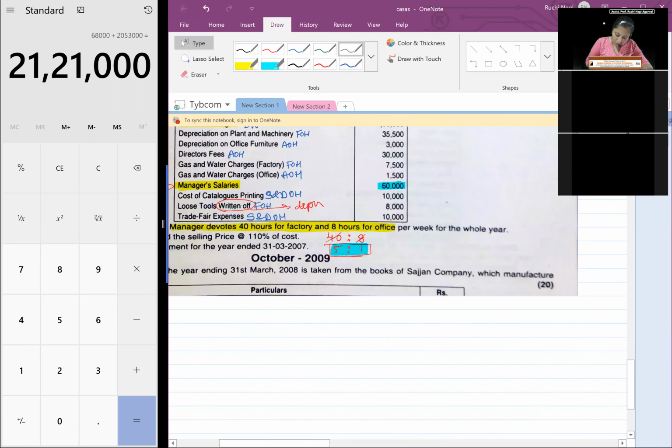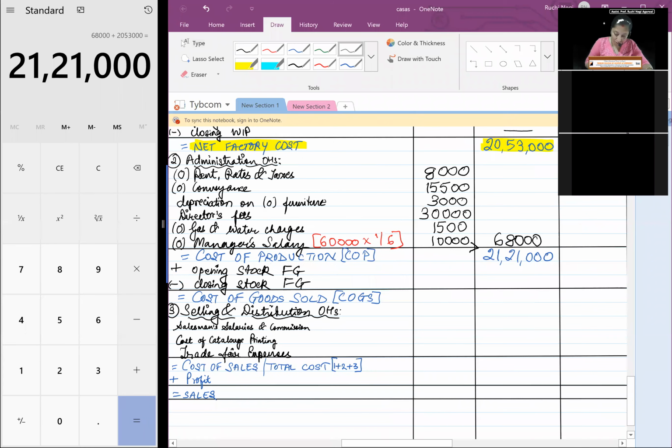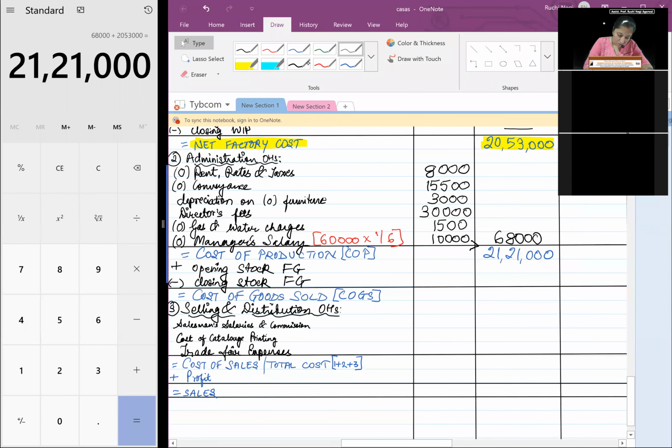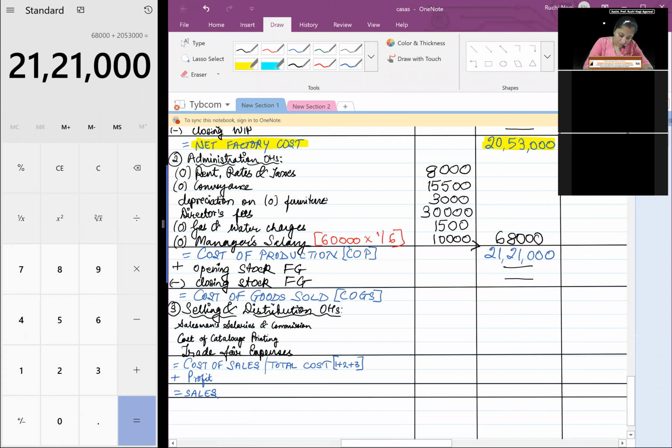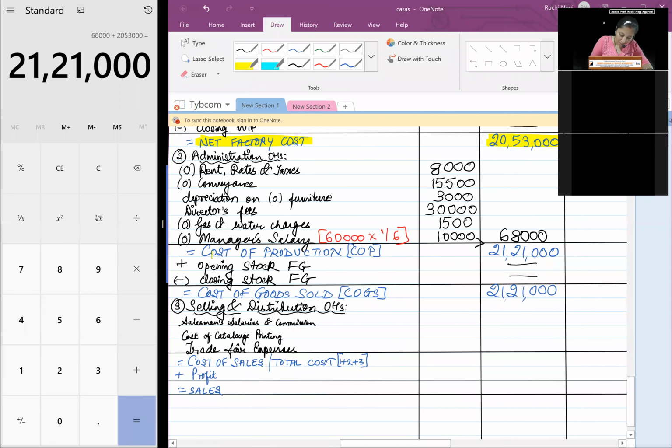There are no units produced in the sum, no units sold, so obviously there will be no closing stock either. So nil. So this is my new total, cost of production.